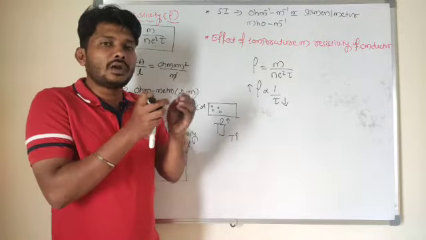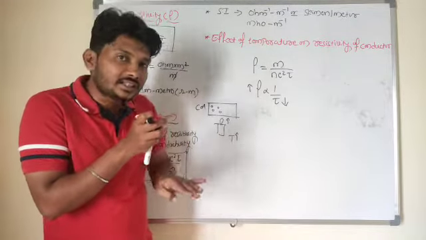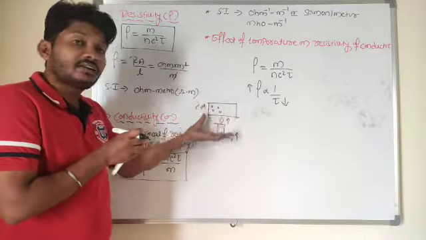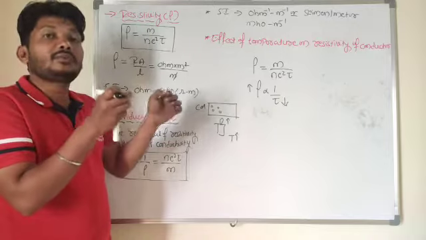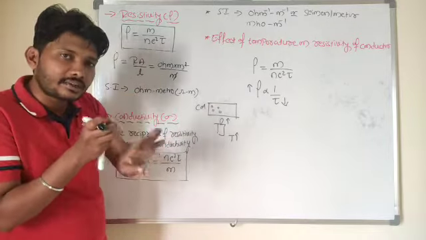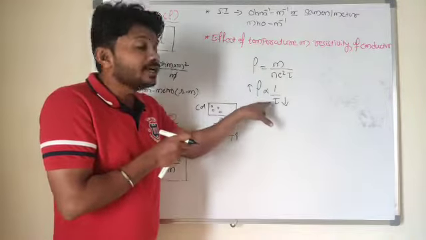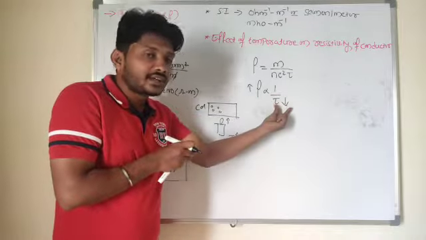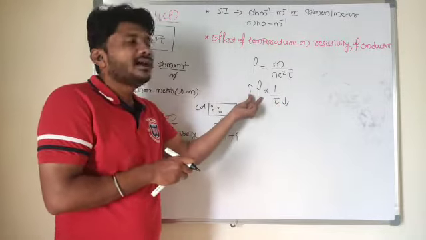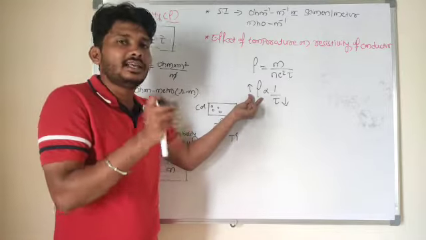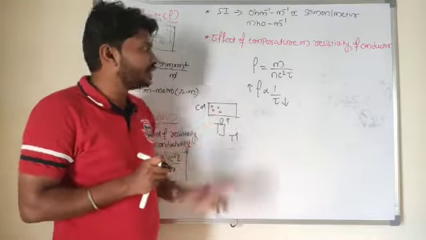Because more collisions are possible in less time. Because these electrons gain thermal energy, they move fast, so they take less time to collide, and relaxation time becomes less. As a result, the resistivity value increases. Hope you understand.